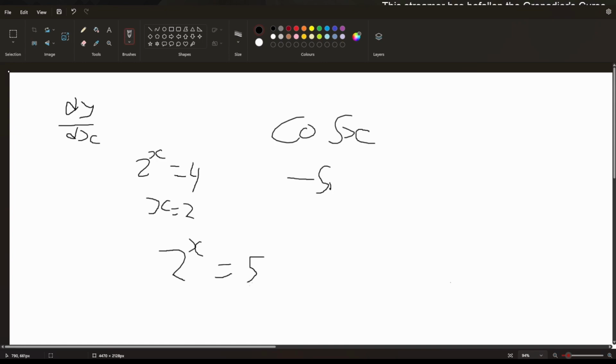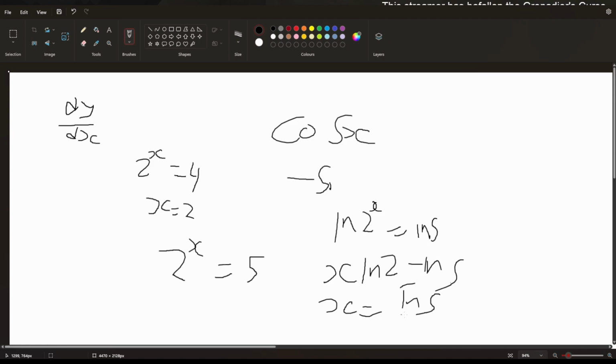So what you do is you do either log or natural log. I prefer natural log. ln 2 to the x equals ln 5, and what this means is you bring the power down, you times it outside the brackets. So you have x ln 2 equals ln 5, x equals ln 5 over ln 2. You chuck that in your calculator, you get your answer.